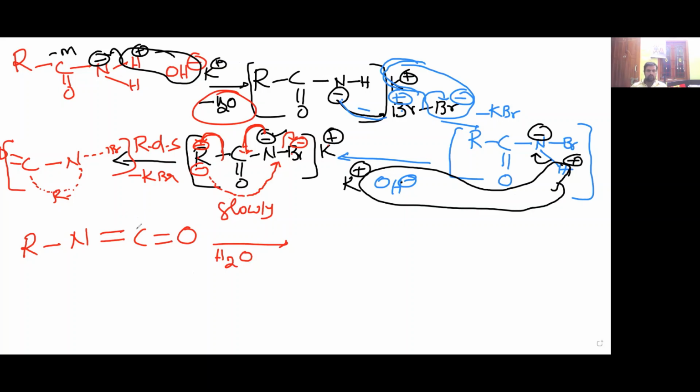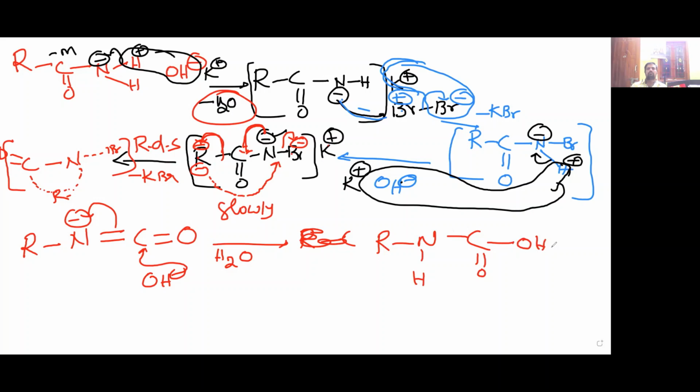Okay, so that water attacks that OH minus, attacks like this, bond shifted like this, N minus, H plus is added, then R, N, H, C double bond O, OH.